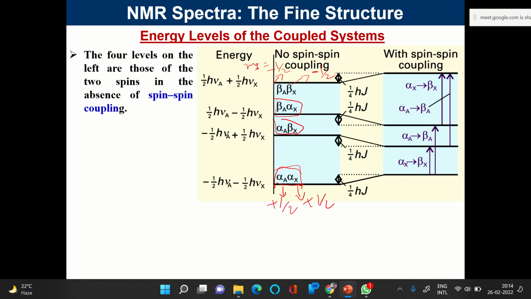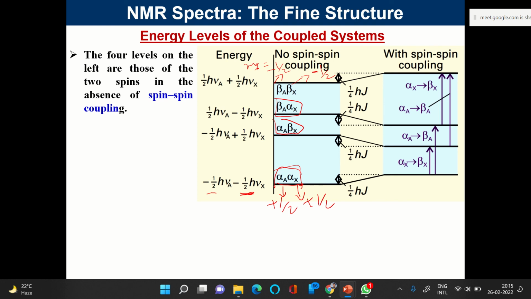Only four states with this energy can be expected. These are the energy levels that can be formulated: minus half h mu X, and this mu is the Larmor precessional frequency that we have for the system at A and X.